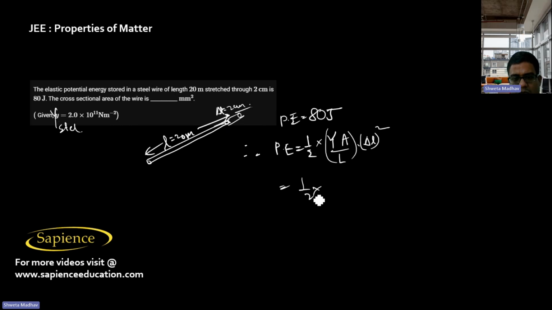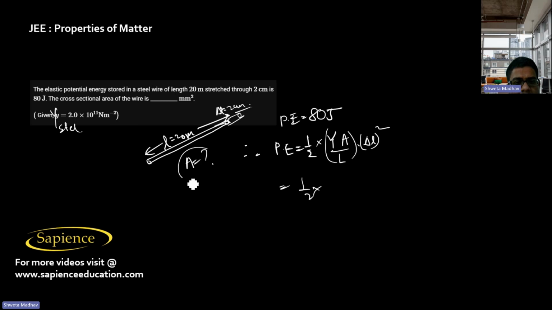So this will be half into, okay, the cross-sectional area of the wire that you have to find.